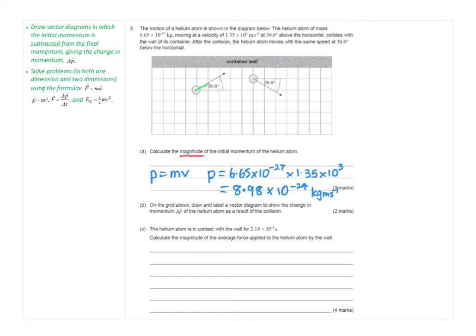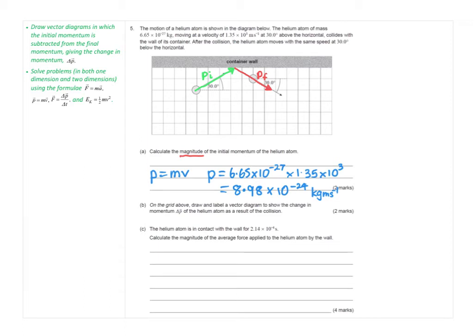We draw in the initial momentum there, then we draw in the final momentum as it comes off the wall. And so those two things will be the same length.